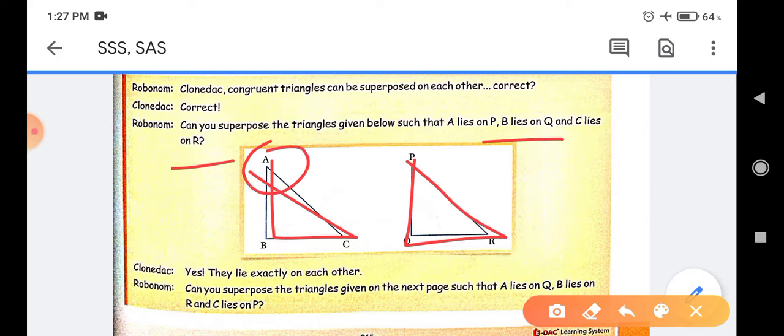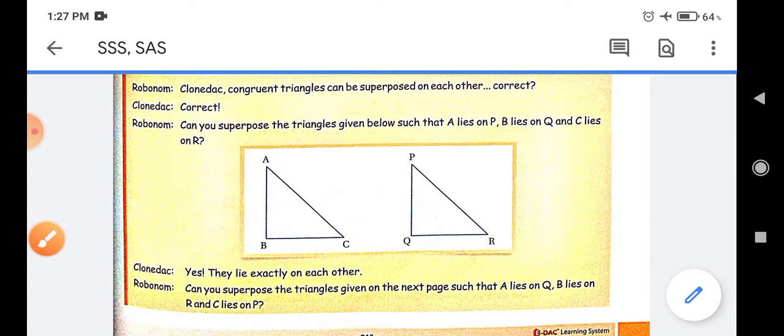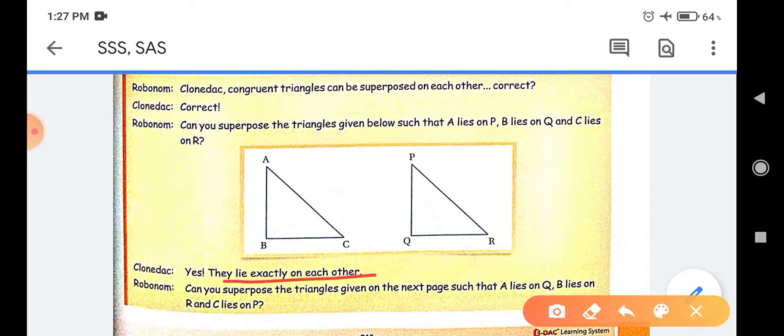That is, we can superpose triangle ABC on triangle PQR, vertex A on vertex P, B on Q and C on R. They lie exactly on each other.